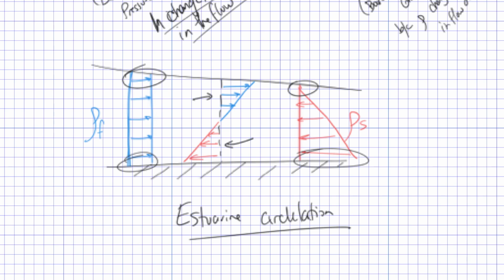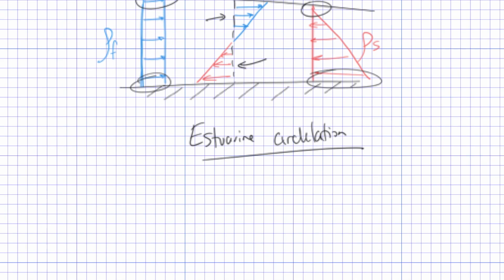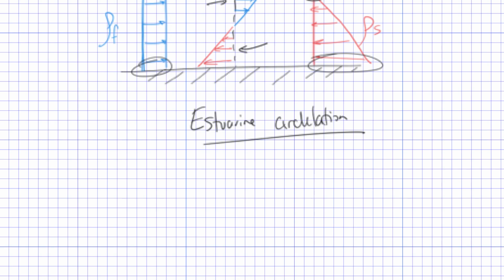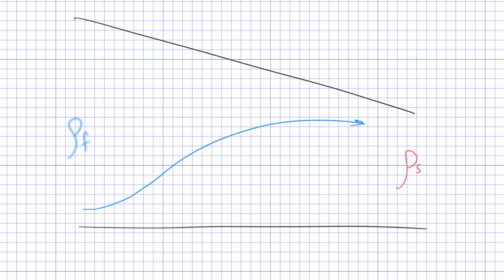So this has some interesting implications. Let's draw a fresh river over here somewhere. So here we go. We've got a river and it's sloping and it's doing its thing. If we've got fresh water over here and salt water over here, and we've got this circulation going on, the fresh water, because of the combined effect of these two pressure gradients, is doing this, and the salt water is doing this.